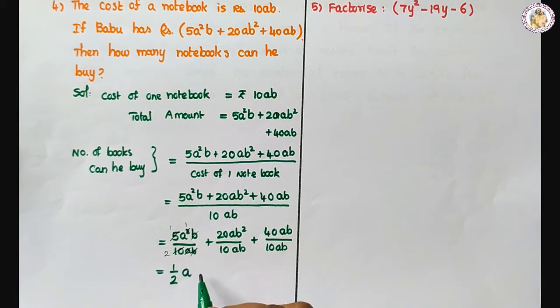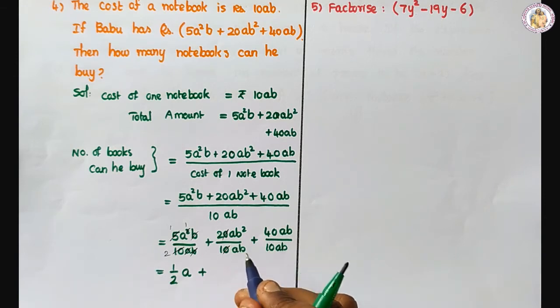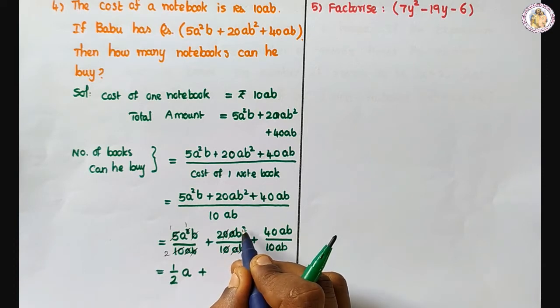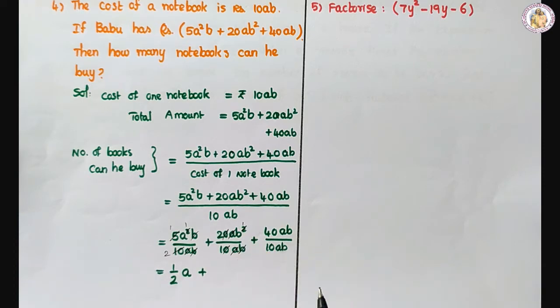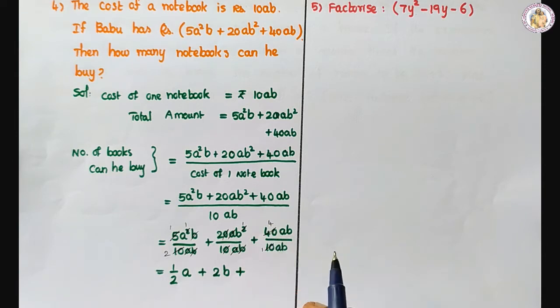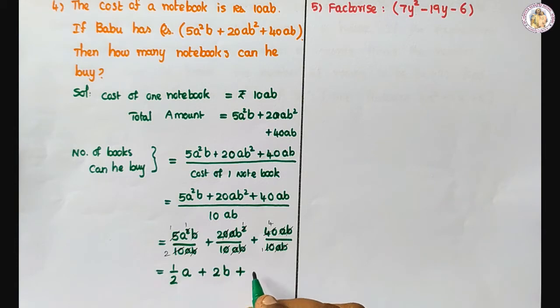a, plus next term: 0 0 cancel, so 2, a cancelled. Here b power 1, so here also b power 1 is cancelled, 1 is remaining. What is remaining here? 2b, plus 10 1s are 10, 4 10s are 40. a cancelled, b cancelled, so only 4 is remaining here.